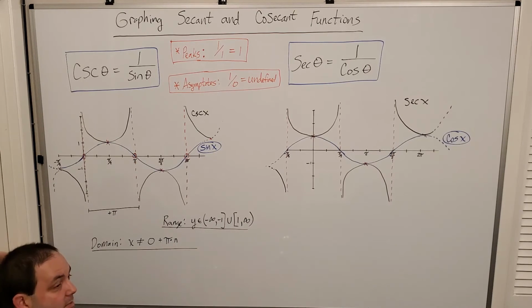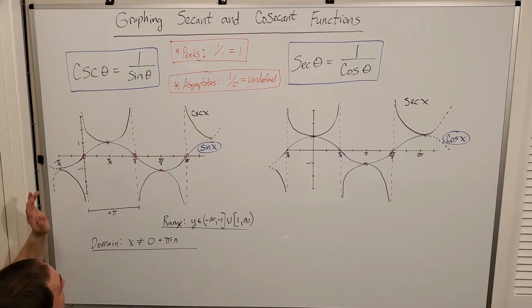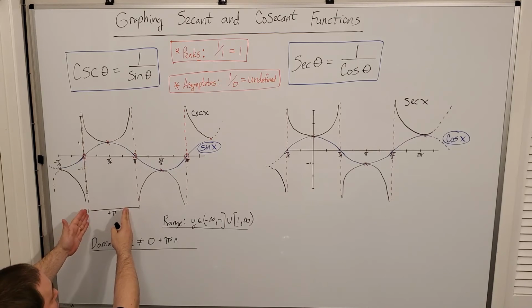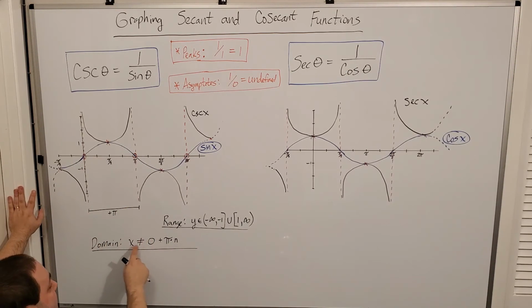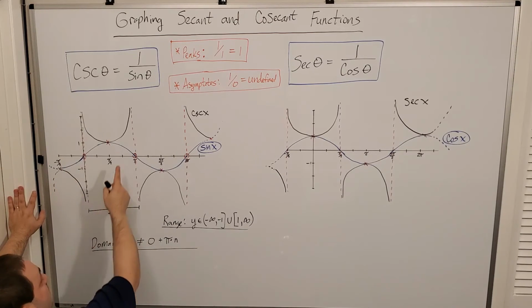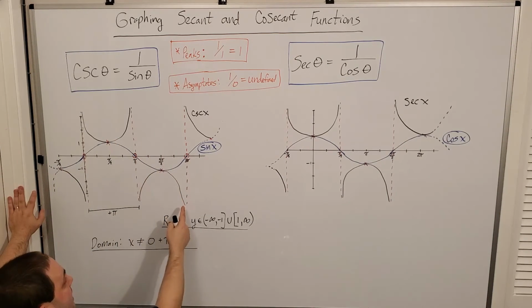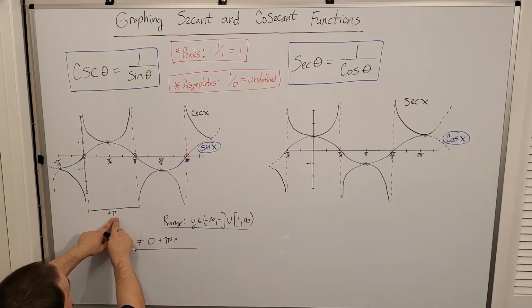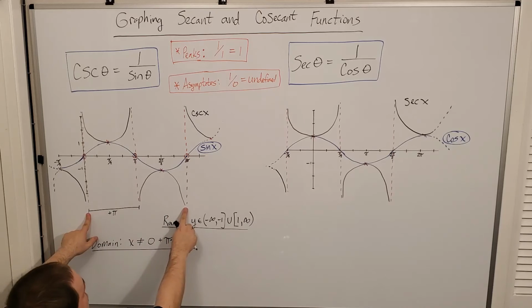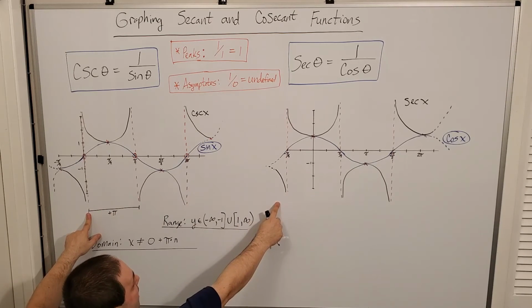I can't let n be some sort of fraction because I don't want to go part of a jump here. I want to jump from one asymptote to the next because x can't be specifically this one. X can't be this one. X can't be this one. I can only do whole number jumps of pi. I can go 1 pi, I can go 2 pi, I can jump 5 pi.